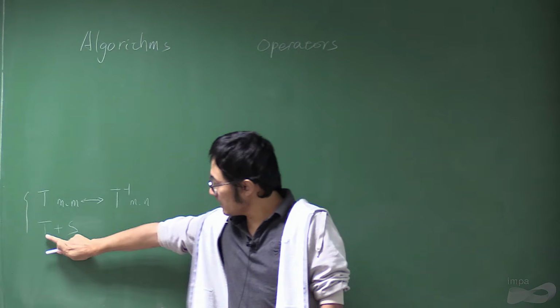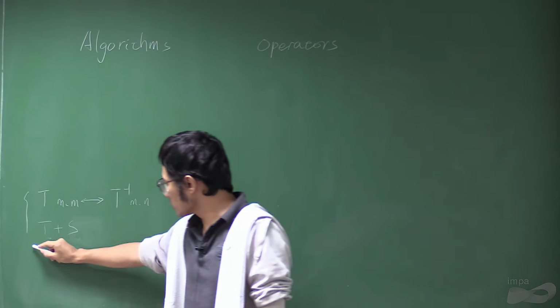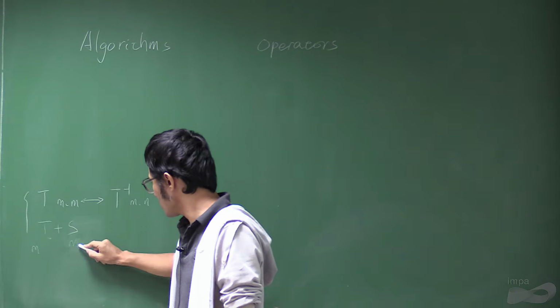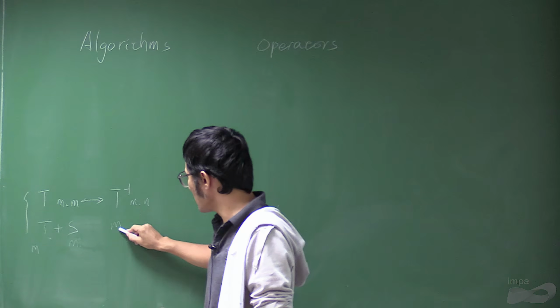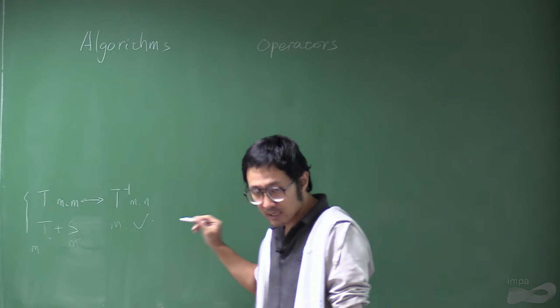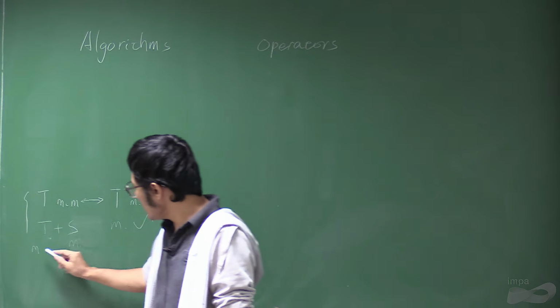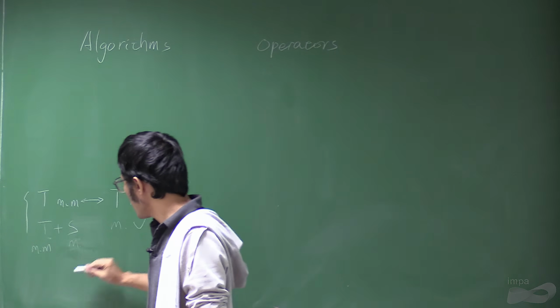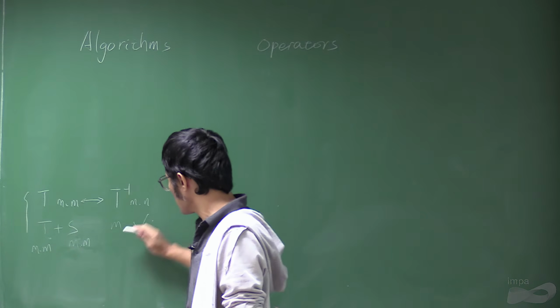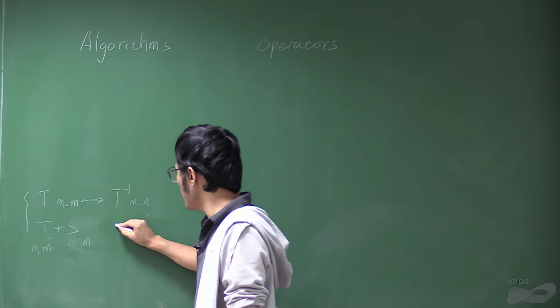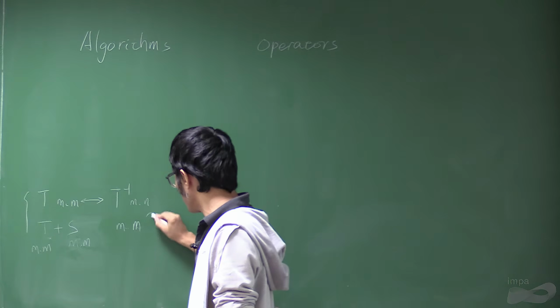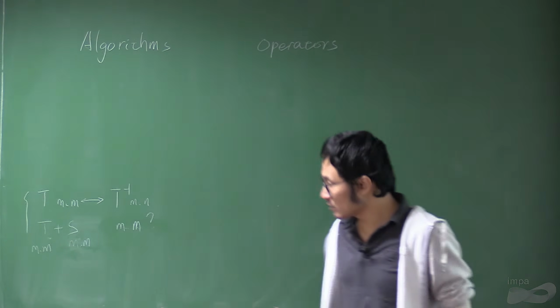If T and S are both monotone, then the summation is also monotone. This conclusion is okay. But if T is maximal monotone and S is also maximal monotone, is the summation maximal monotone or not? It is not determined.